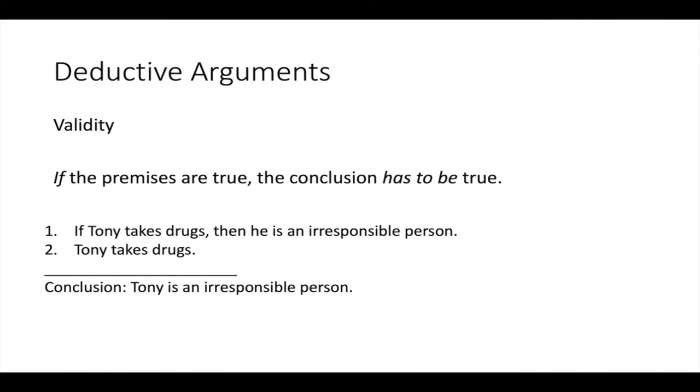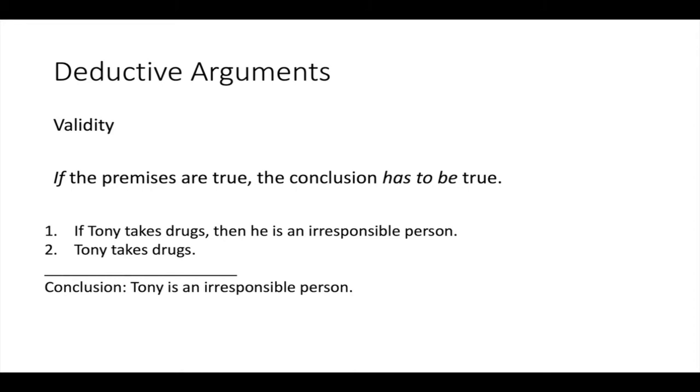And it's valid because if we just grant the premises of this argument, just say, okay, let's suppose that the premises are true, then the conclusion follows. There's no way, that is, it's logically impossible for the premises to be true and the conclusion false. And that is the feature of validity. That's what validity means.